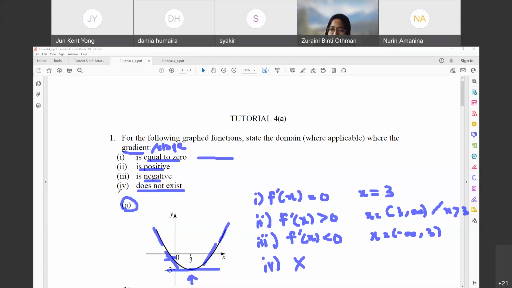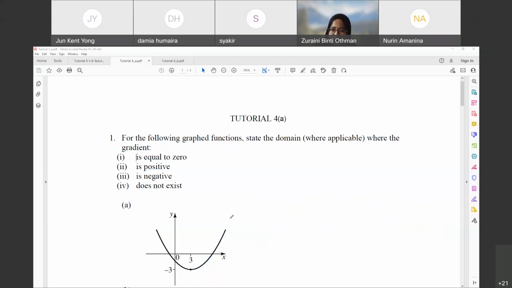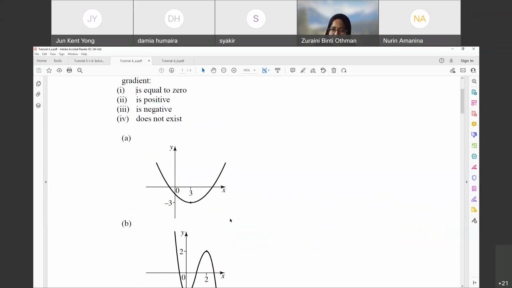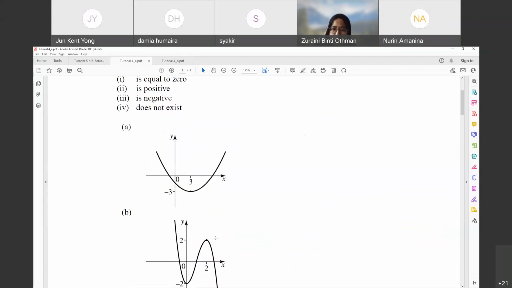So finish with 1A. And now I want to ask you for 1B. Okay. 1B, soalan yang sama, dia nak tanya bila masa dia punya slope is equal to 0 and when the slope or gradient is positive, lebih besar daripada kosong.